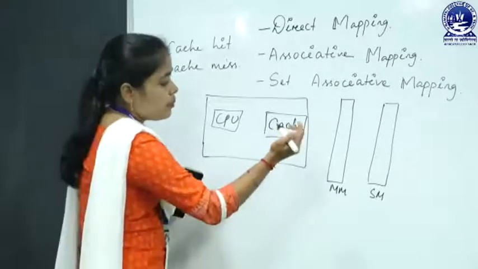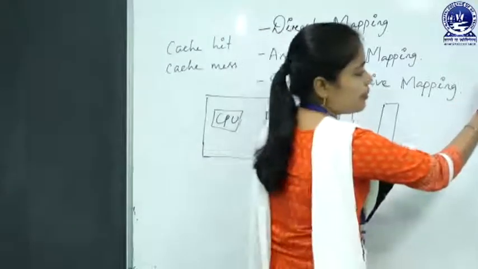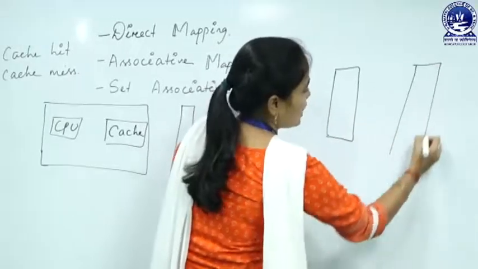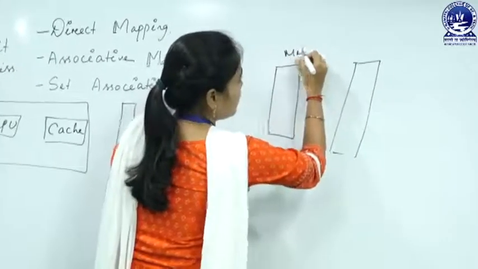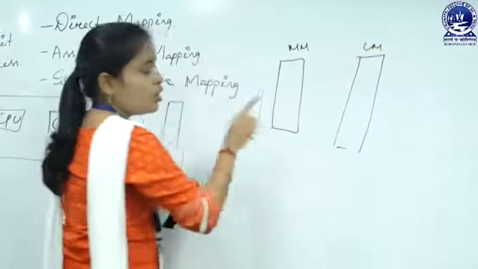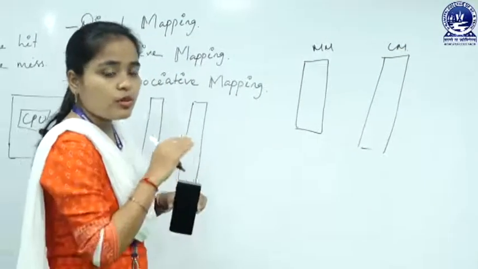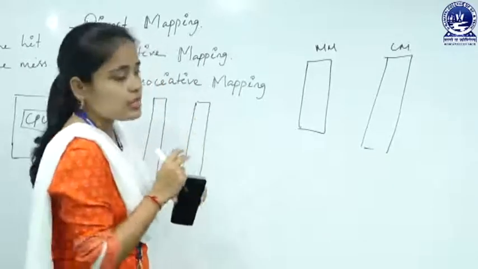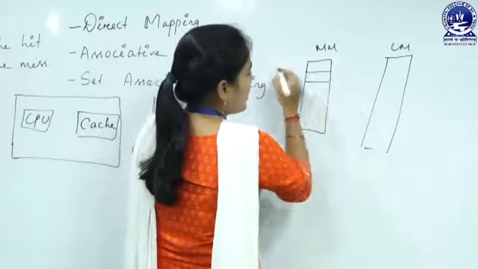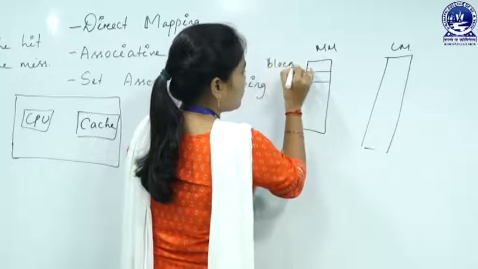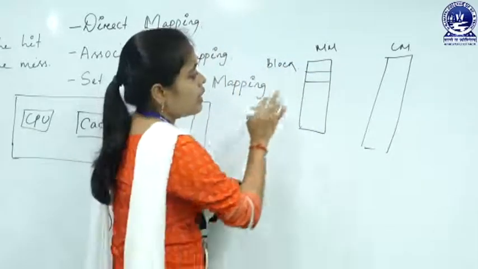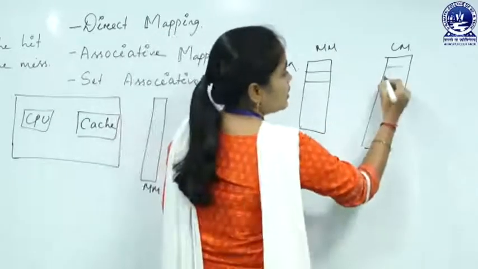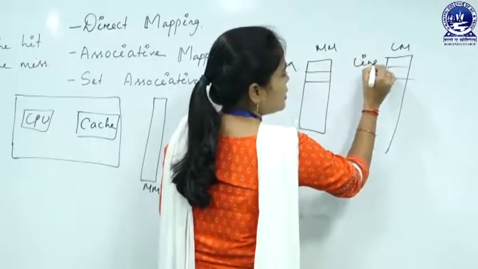Here is the main memory and here is the cache memory. Main memory and cache memory are both divided into small parts, and that is called a block. The block concept is attached to the main memory, and in the cache memory it is called a line.